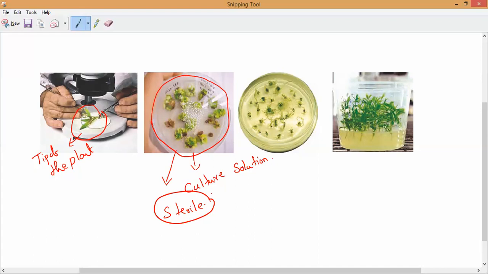We are producing babies in a laboratory. Have you heard, guys? The mother's womb is not required for the growth of a new baby. In the same way here, it should be sterile, containing all the requirements of the plant, like nutrients and hormones, and there is no exchange of gases and so on.